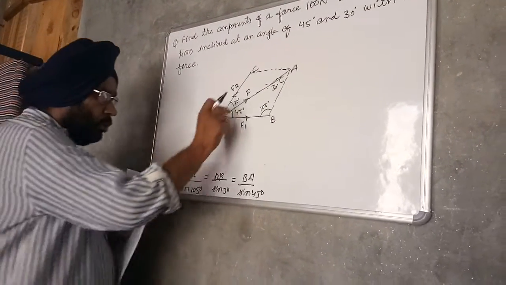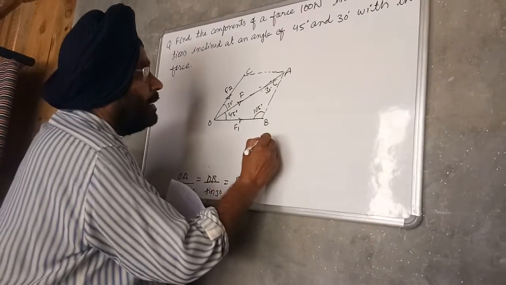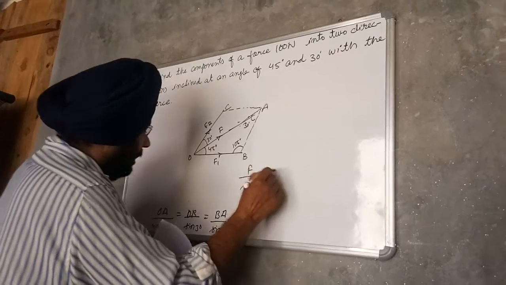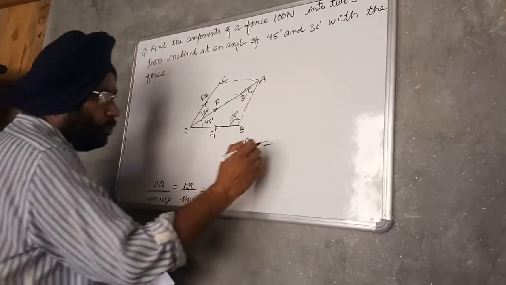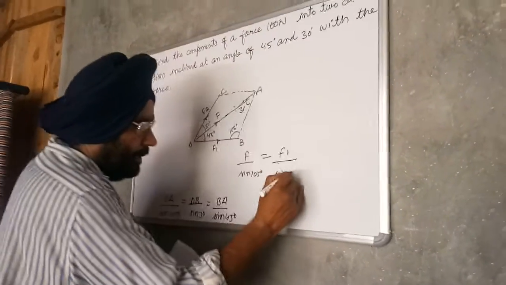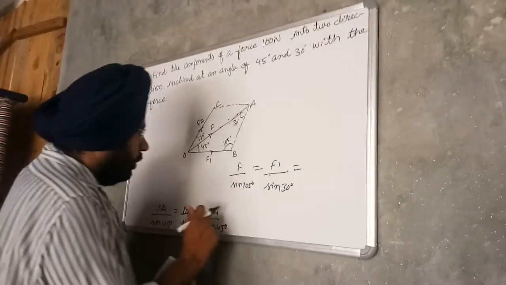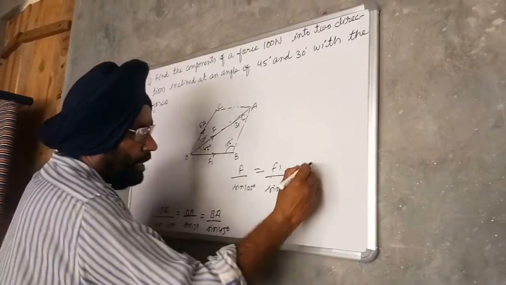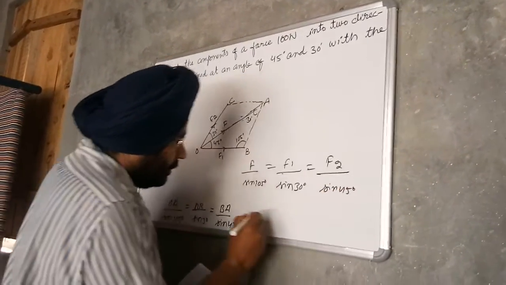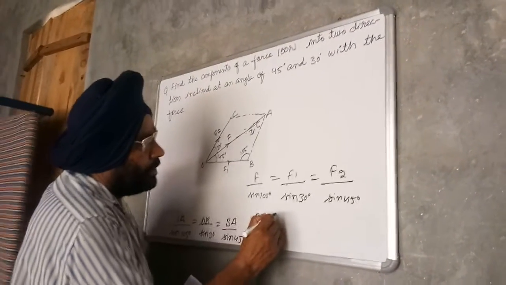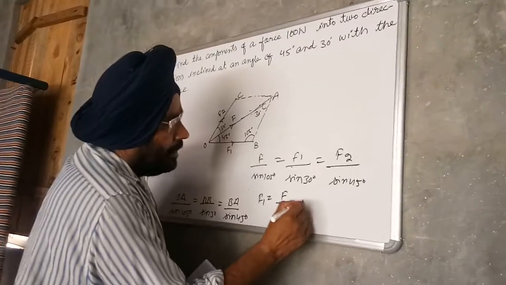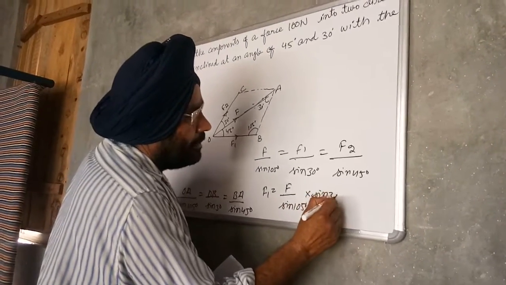The vector OA represents the force F, vector OB represents the force F1, and vector BA gives the force F2. So it means F upon sine 105 degree, F1 upon sine 30 degree, and F2 upon sine 45 degree are equal. So F1 is equal to F upon sine 105 degree into sine 30 degree.